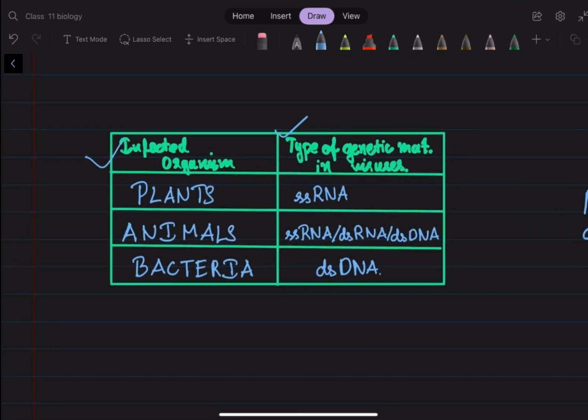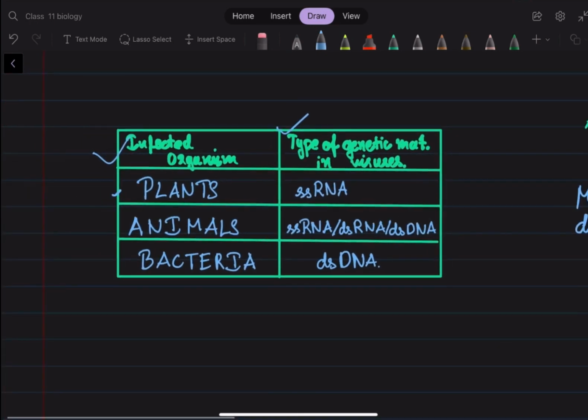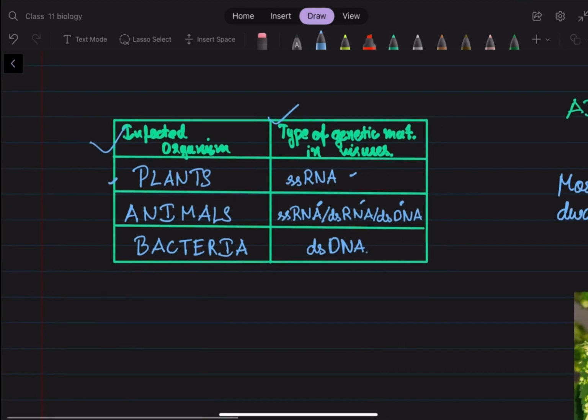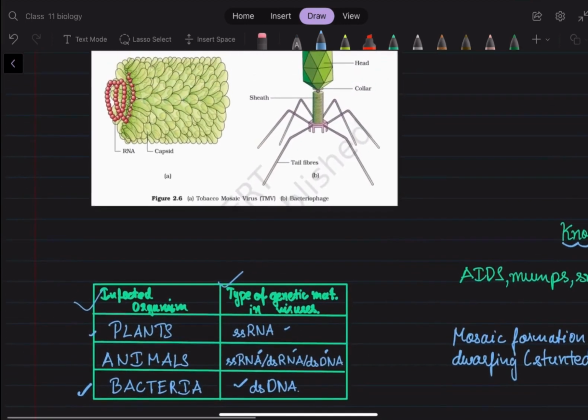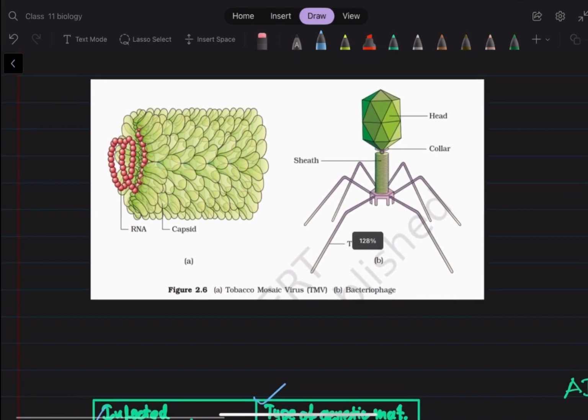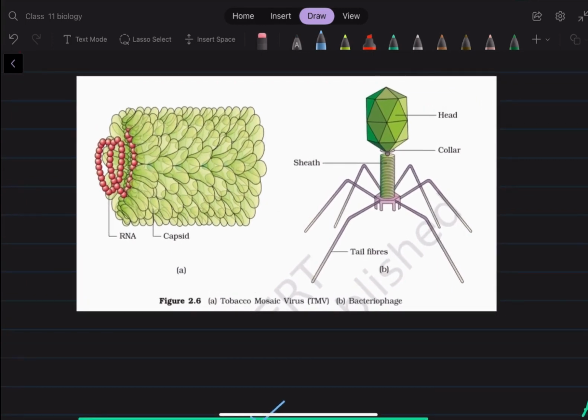Usually when a virus infects plants, it contains single-stranded RNA, and when it infects animals, it contains single-stranded RNA, double-stranded RNA, or double-stranded DNA. Viruses that infect bacteria are called bacteriophages, and they usually contain double-stranded DNA. Two famous examples mentioned in NCERT are the tobacco mosaic virus and the bacteriophage.